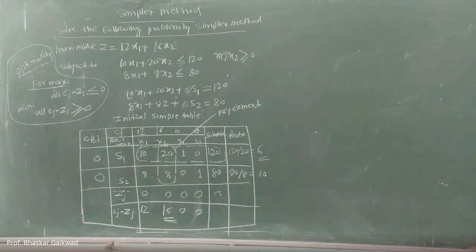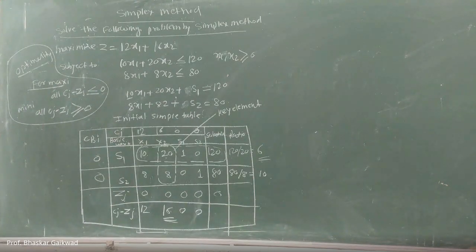This is the initial simplex table. Now we have to proceed till we get the optimality condition, meaning Cj minus Zj should be 0 or minus for maximization. For minimization, Cj minus Zj should be greater than or equal to 0.